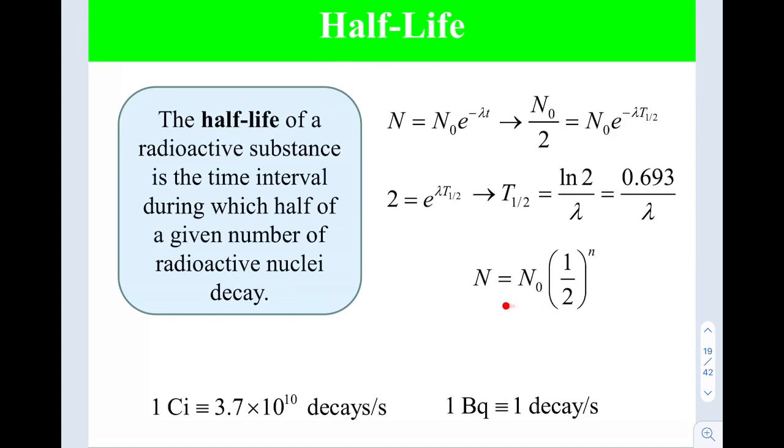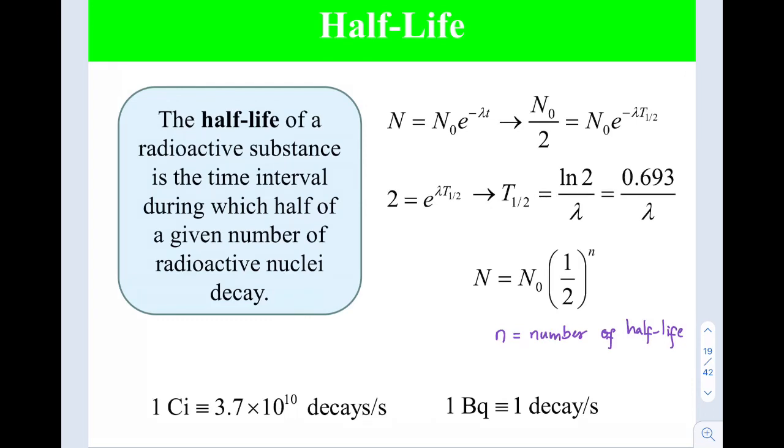Okay. We can also have this pattern of equation: N equivalent to N naught times one half to the power n, where n can be an integer or non-integer. So what is n? This is the number of half-lives. How many half-lives?